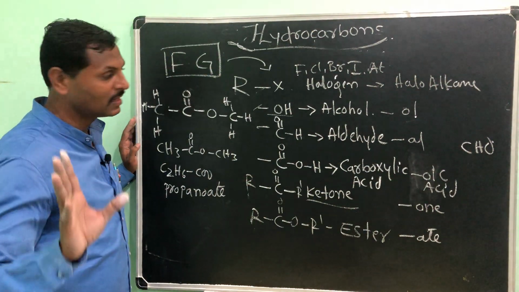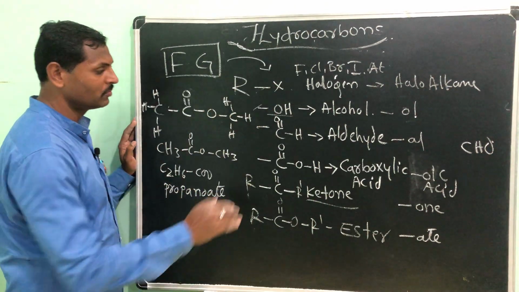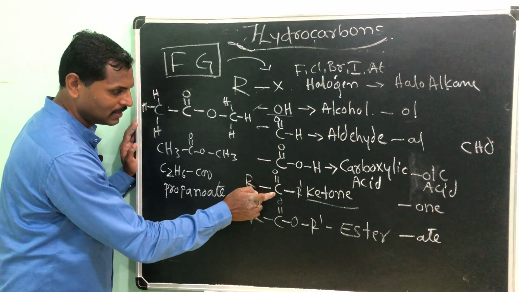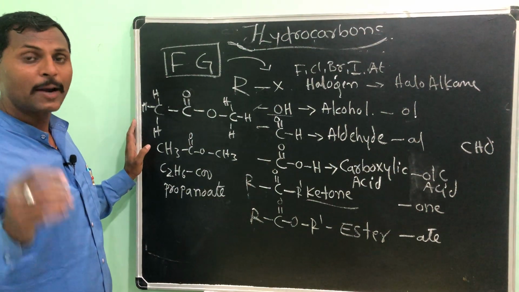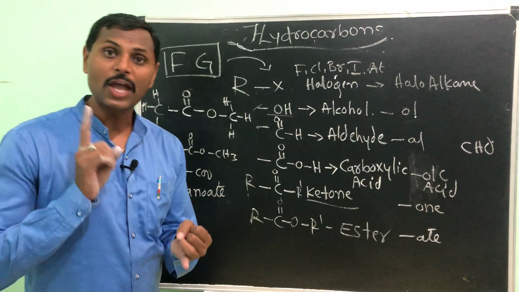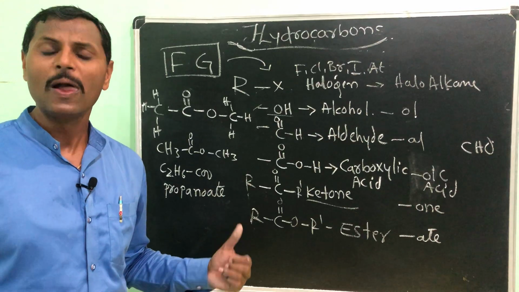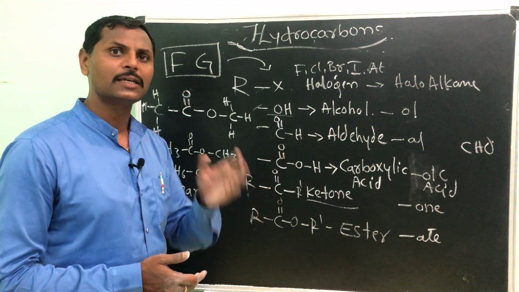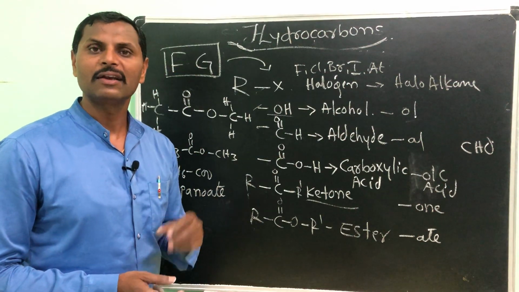You have to keep this in mind. For these 4, that may be aldehyde, carboxylic acid, ketone or ester group, you will get confused while naming. Please check the IUPAC name as well as the common name. I told you both the names, and two or three examples I have given you for each functional group. Please go through the book and refer to it.